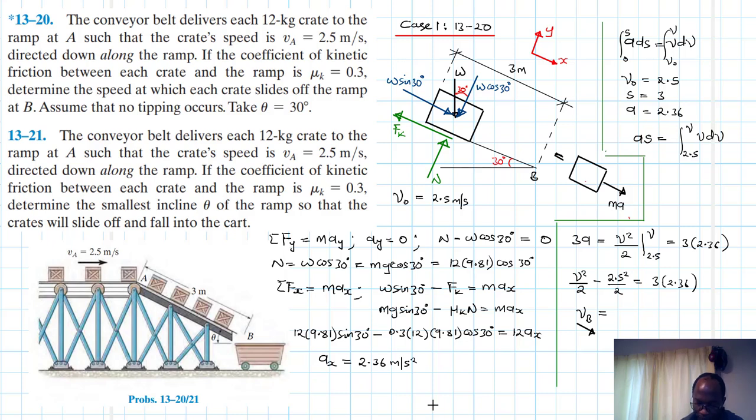So we get 4.52 meters per second. So this is the speed at which each crate slides off the ramp at B. Right, I guess we are done. Let's just outline the final solution, like so.